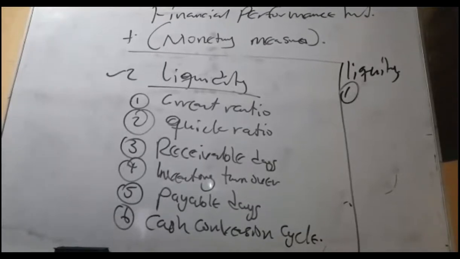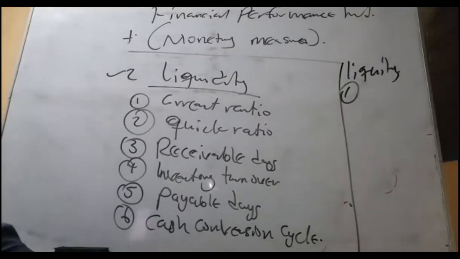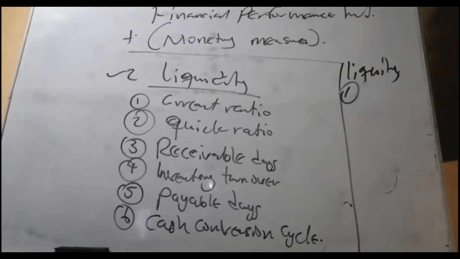So this is what we are going to use to measure the performance of the organization. The cash conversion cycle is also known as net working capital. All of this has been dealt with in the material that I will upload. In fact, it's a full lecture video that explains everything in detail.